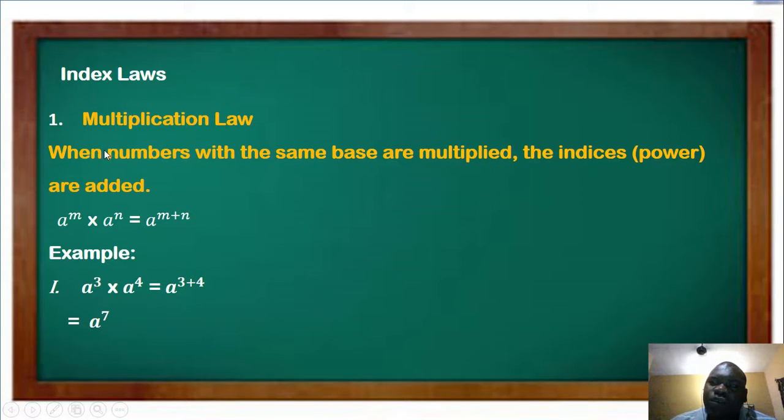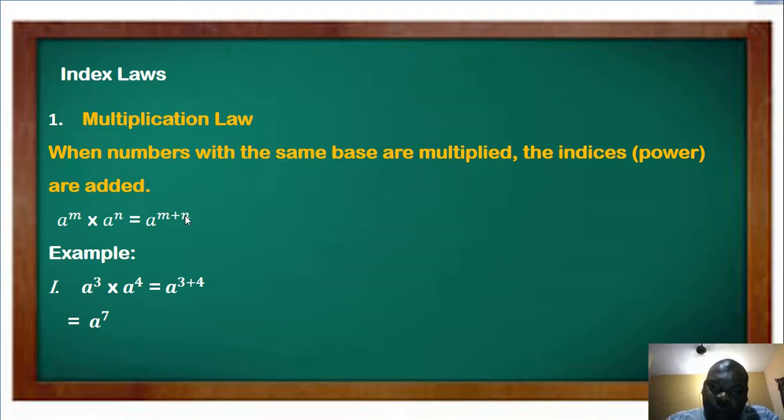The law says that when numbers with the same base, for example a and a are the same base here, are multiplied, then the powers or the indices will be added. So let's look at some examples.